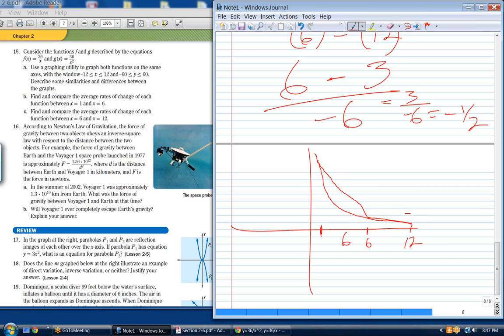This slope right here is -1/2. This slope right here was -7. So that's really what they're attempting to point out here, that the rate of change changes drastically on a hyperbolic function when you go from 1 to 6 as opposed to when you go from 6 to 12.